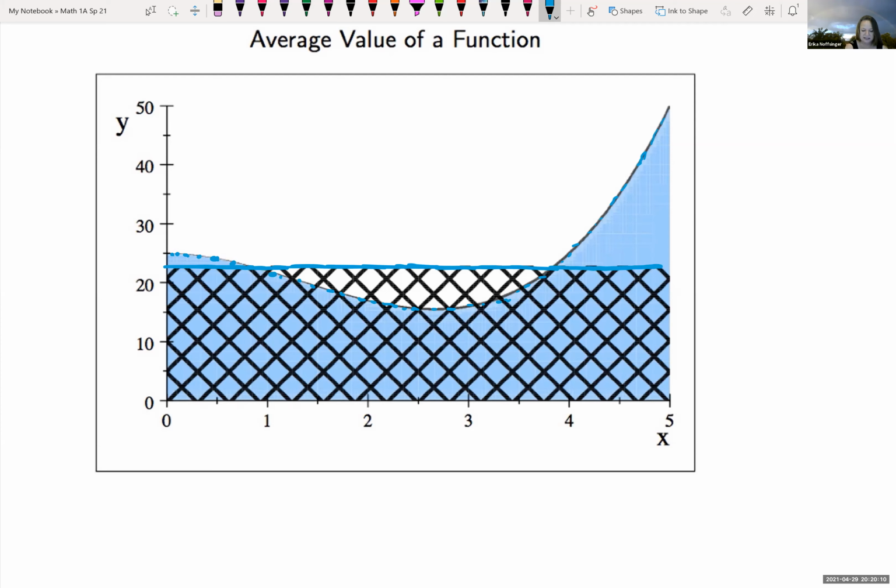Think of it as maybe some sloshing water in a bathtub. And at an instant of time, you took a photo and you graphed the height of the water in the bathtub at that specific time. Then you let things settle down, right?